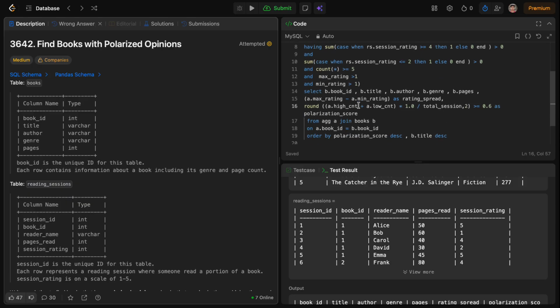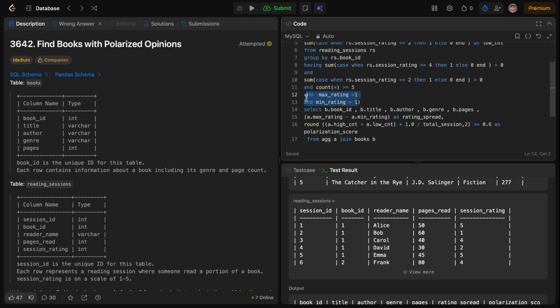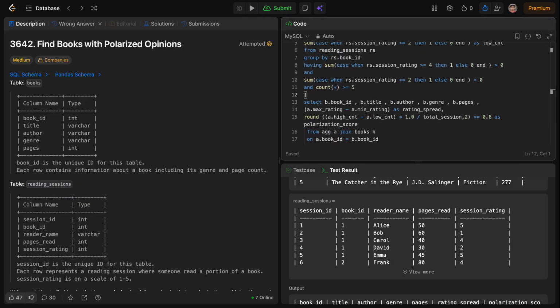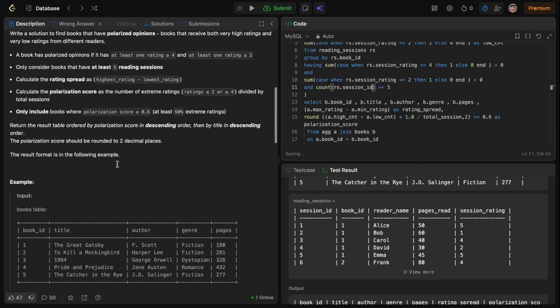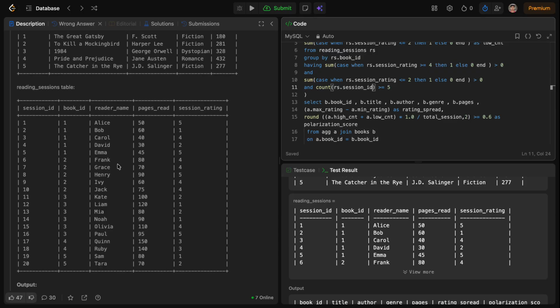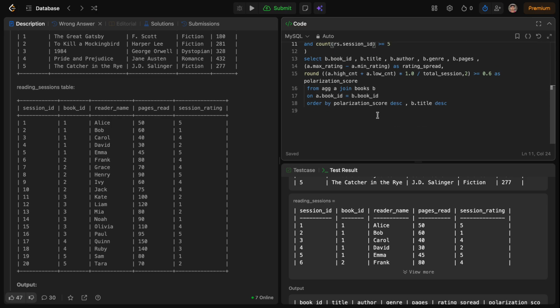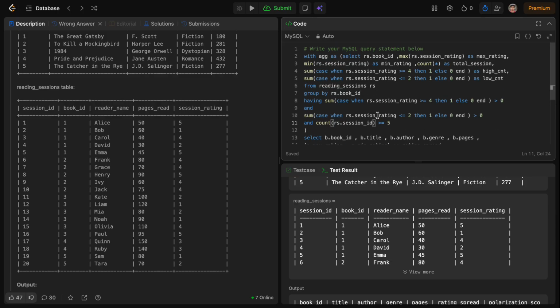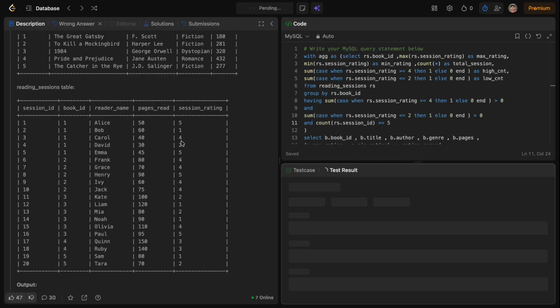Okay, let's check another thing. No need to write this, and in place of count we use session ID. So the count of session ID should be greater than 5, and let all things remain the same. Okay, now run this.